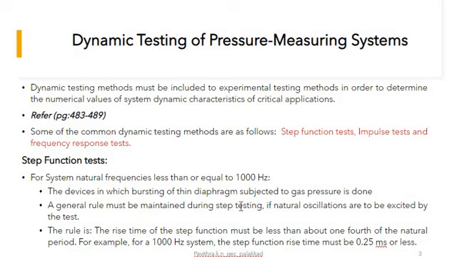Whatever the natural period of that particular system, for example for a 1000 Hz system, the step function rise time must be 0.25 millisecond or less. So this rule should be followed if you are employing the system in which the bursting of a thin diaphragm is done.